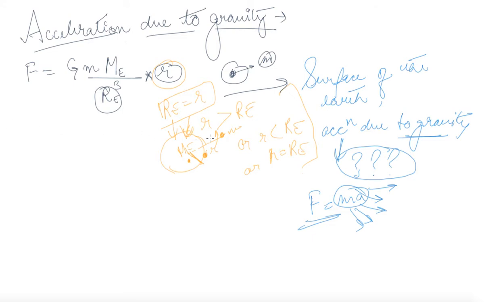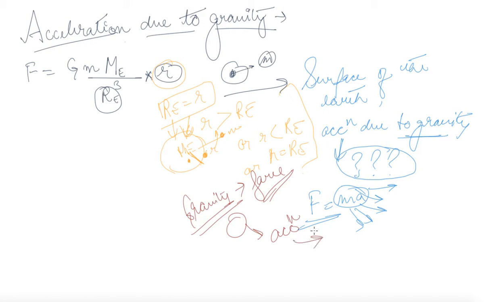Therefore, since the gravitational force of attraction is also a force, a pulling force, due to this gravity the objects will face some acceleration, and when you talk about this acceleration on the surface of the earth, this is known as gravity.